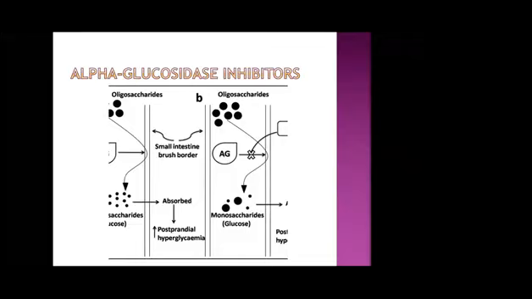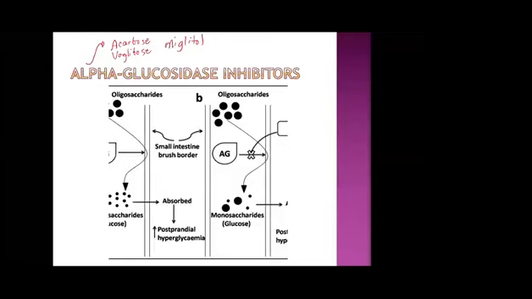Moving on, we have the alpha-glucosidase inhibitors. Remember, for alpha-glucosidase inhibitors, this include acarbose, voglibose, and miglitol. So these are the examples of alpha-glucosidase inhibitors. Now, i-discuss natin ang mechanism of action ng alpha-glucosidase inhibitors.